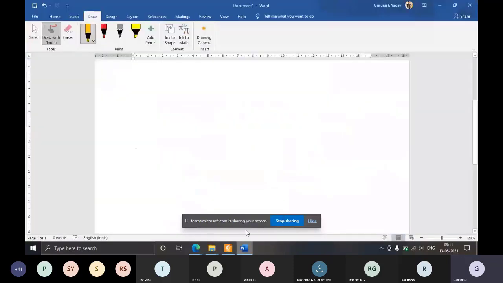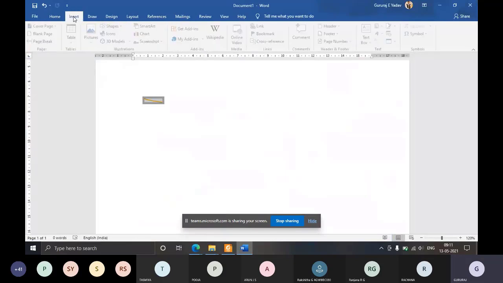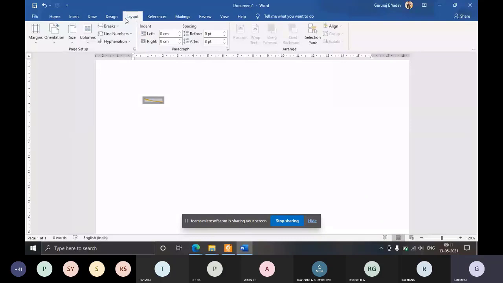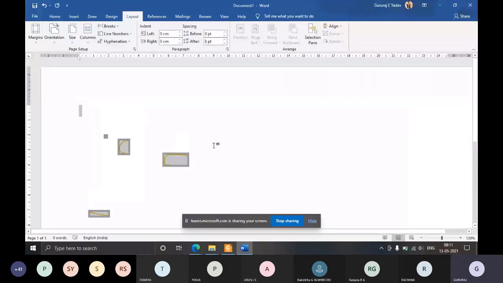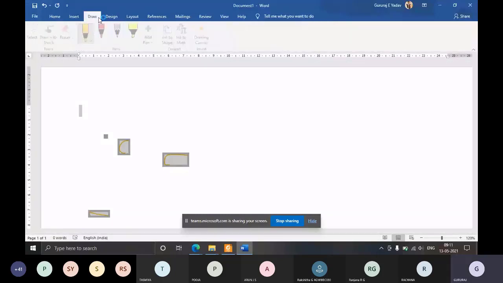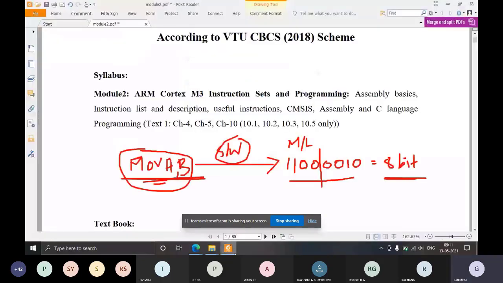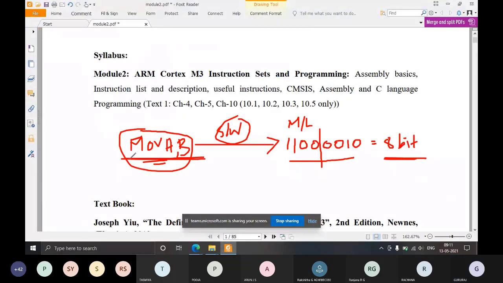Similarly, take the example of the 16-bit and 32-bit instructions that we all discussed. Why do we call it a 32-bit instruction? Once you convert assembly level language, it is converted to a code word, similar to this.